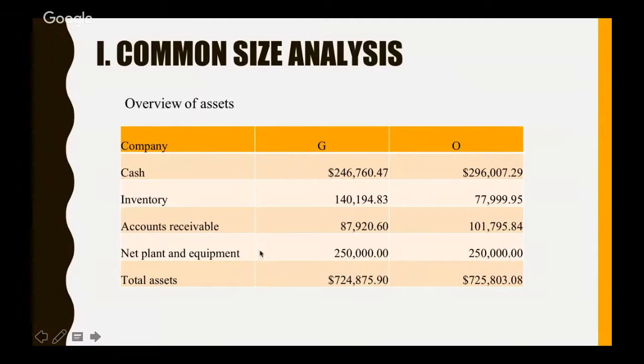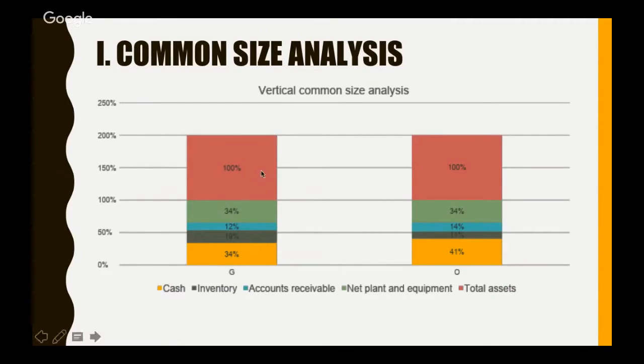This is the constitution of assets. Analyzing the organizational structure is an effective method to analyze working capital. Using vertical analysis, we can see that cash in both company G and company O has the largest proportion: one is 34%, and the other is 31%.